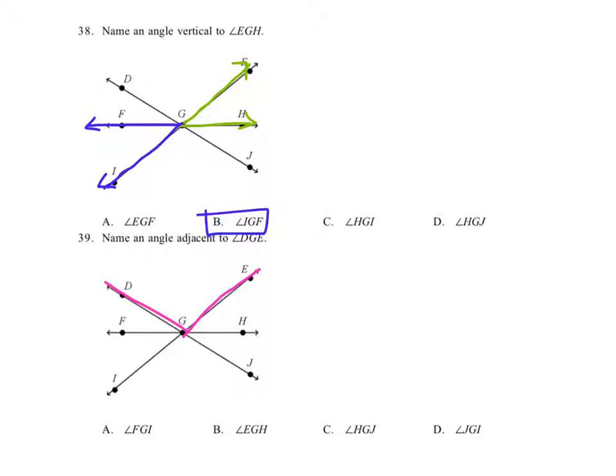Okay, and we see EGH right here, meaning it goes from E down the ray to G and then out to H.